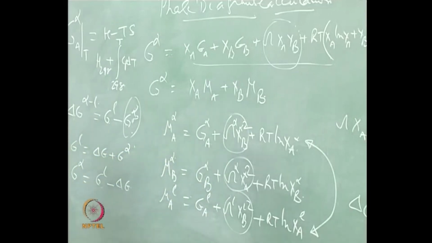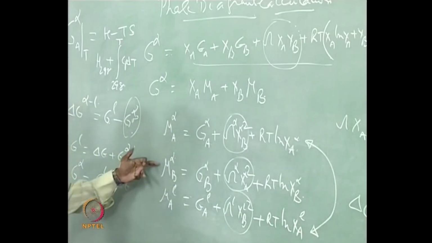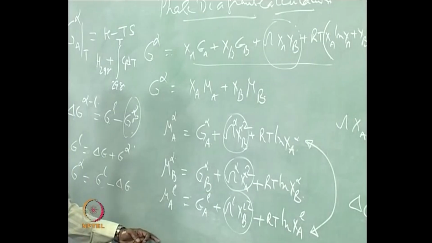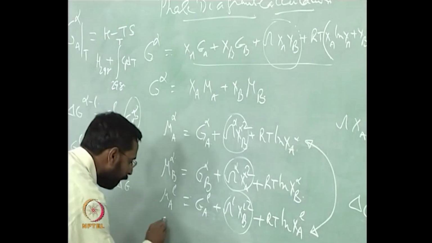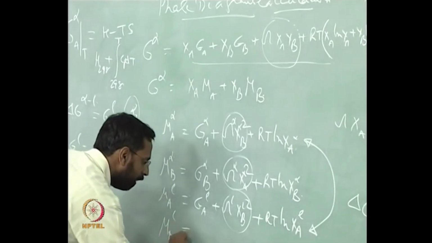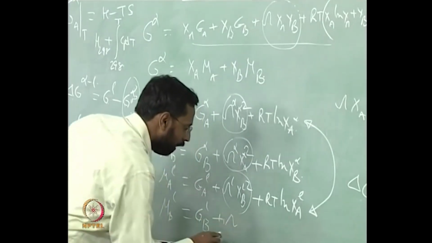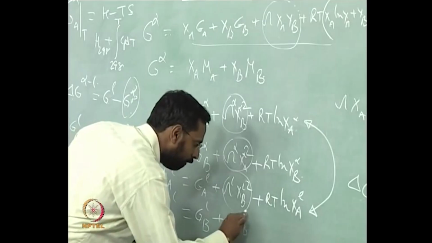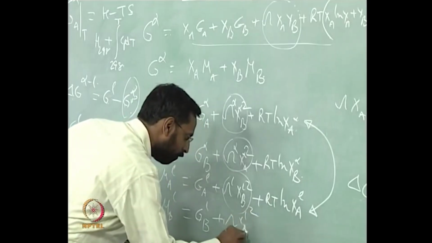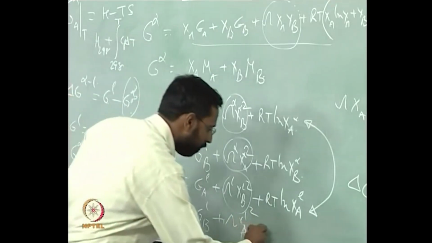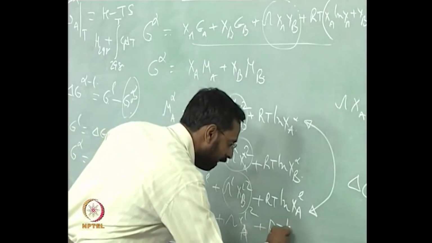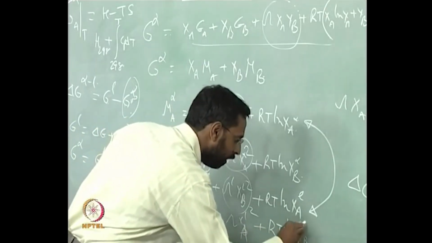Once I know the interaction parameters I can happily plug those numbers in, and then equate this to this and that to another, which is nothing but mu B liquid is equal to G B liquid plus omega into x B liquid square x A liquid square plus RT ln x B liquid.